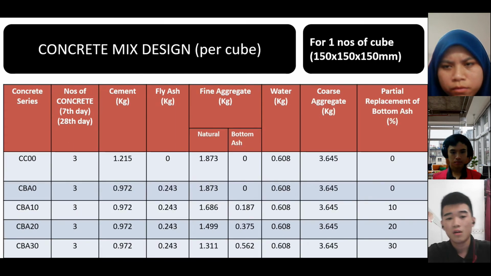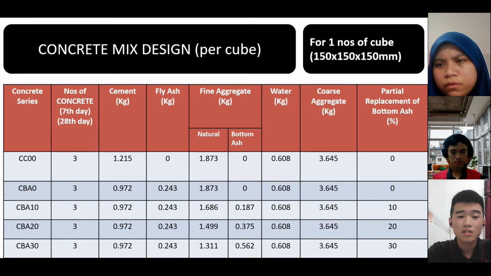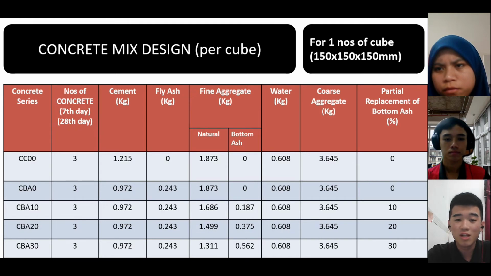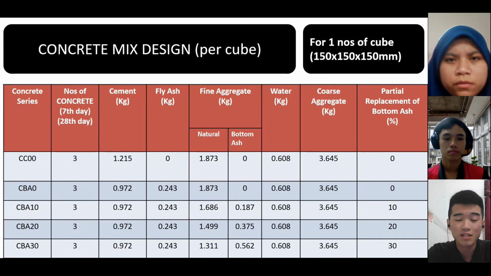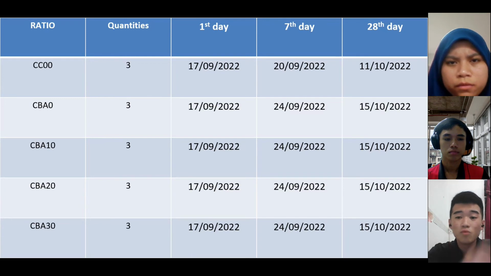And then this is the concrete mix design per cube. Just now it was per cubic meter. This is per cube. With this table, we can produce the concrete by its mix. On the first day, we open the mold.